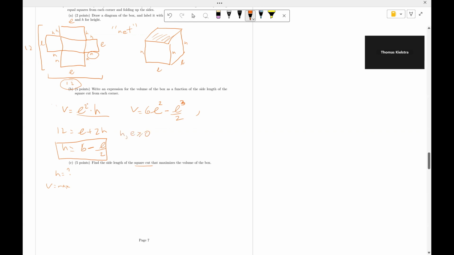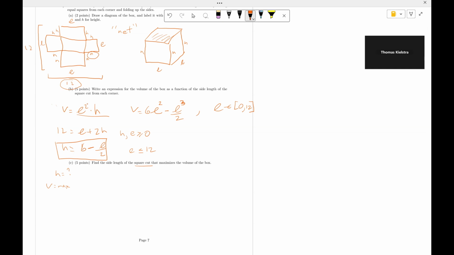I like to use this to create a bound. So L is less than or equal to 12, so L is in 0 to 12. There's nothing stopping it from being 0 up to 12. That side length could be 0, or it could be the total length of 12, in which case there's no cut into the box.